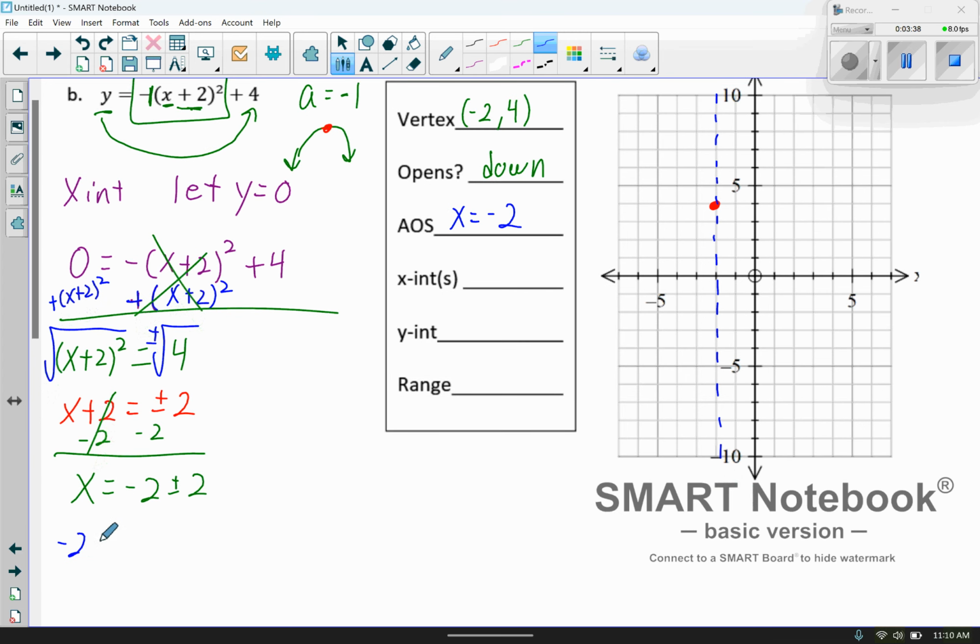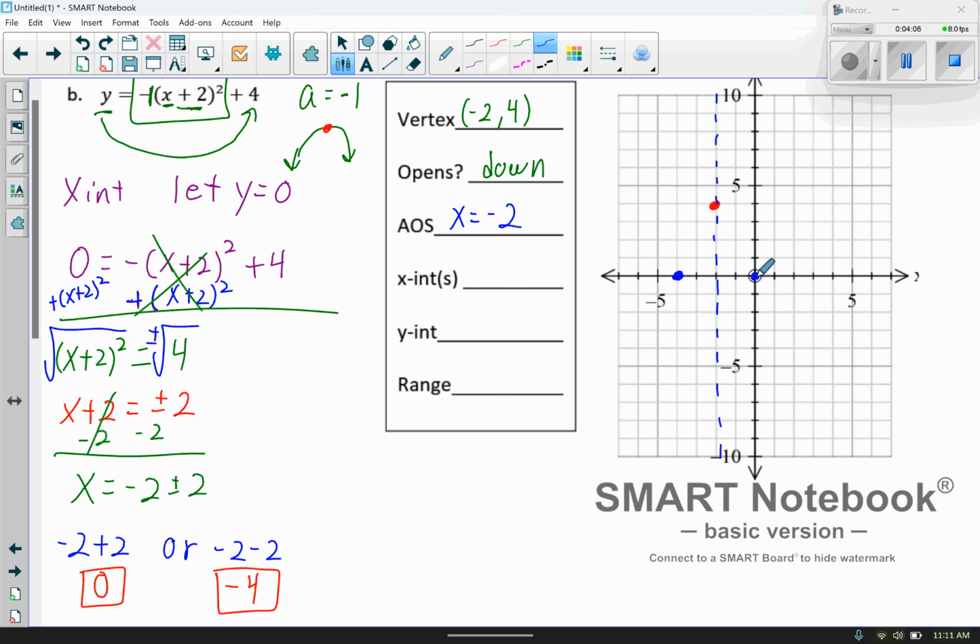So negative 2 plus 2 or negative 2 minus 2. And so let's see, the first one will give me a 0, and the second one will give me negative 4. And so that's where either one of those values would cause my y value to equal 0. So that's why my x-intercepts are right here at 0 and at negative 4 right there.